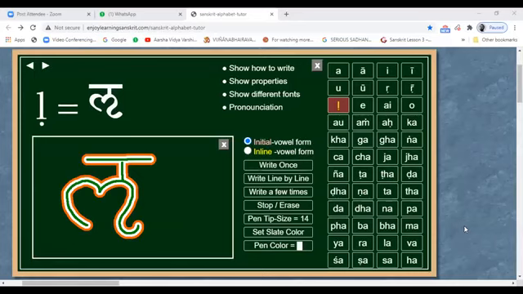So you can see the classification of vowels is in 2 ways. One is simple and conjunct. The second classification is short and long. Simple and conjunct classification is based on the place of pronunciation, and short and long classification is based on the time taken to pronounce the vowel, right?